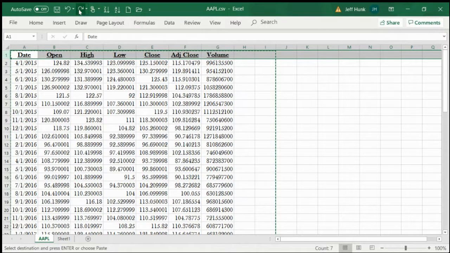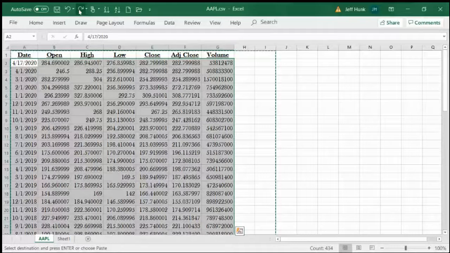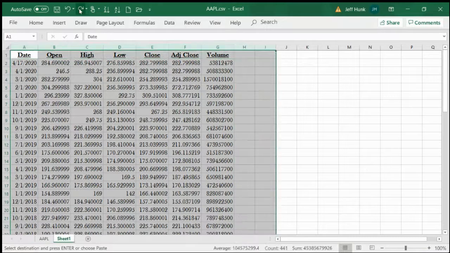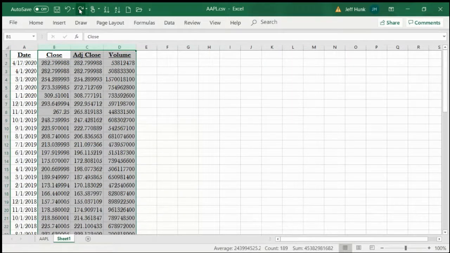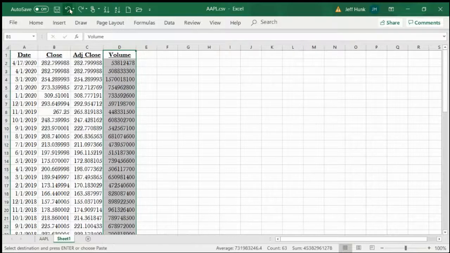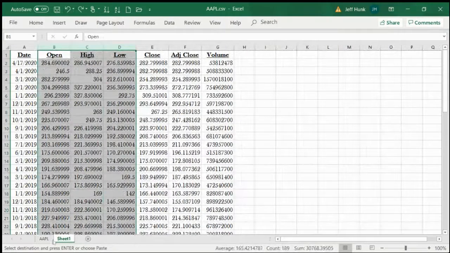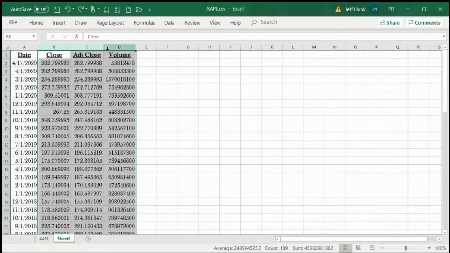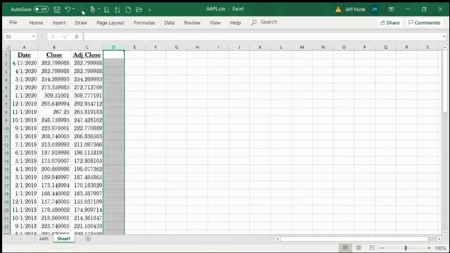And then after that, I highlighted the entire data set and pasted it on the second spreadsheet. And from there, because I don't need these three columns at this point, I deleted them. I don't need volume at this point, so I deleted it.